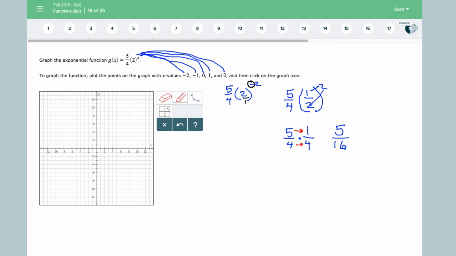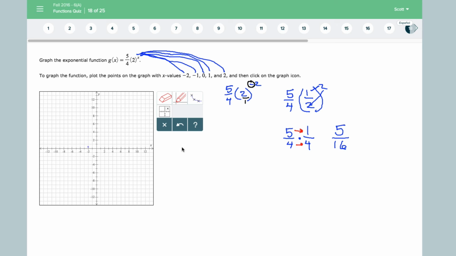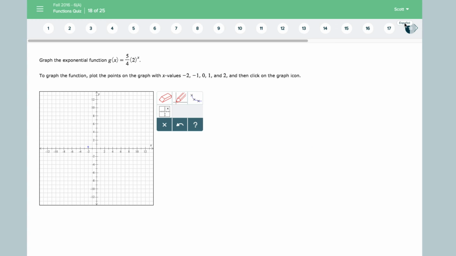Okay, so I'm just going to plot this point now so I don't have to worry about remembering it. When I plugged in a negative 2, I got 5 over 16. Plot point. Okay, so now it's there. I can erase my notes, go on to the next one.